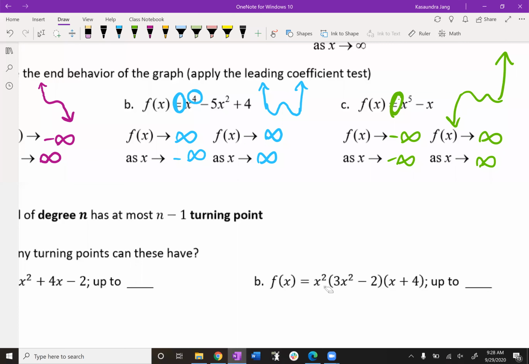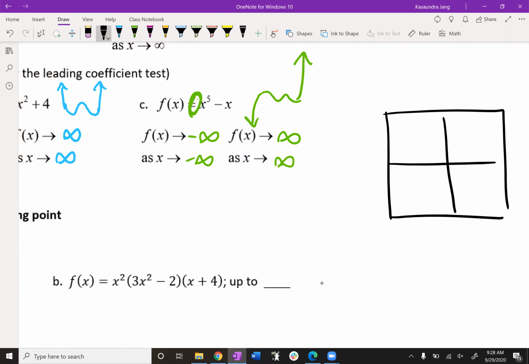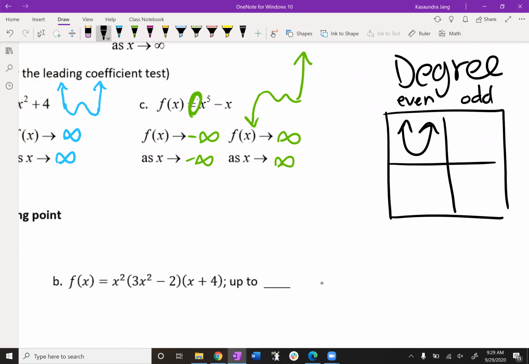Okay, so I'm going to draw a little layout for you here. This might be helpful. This is talking about the degree, even or odd. If it's even, they're either both facing up or both facing down. Those are your only options for an even degree.